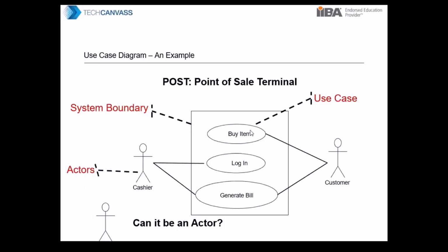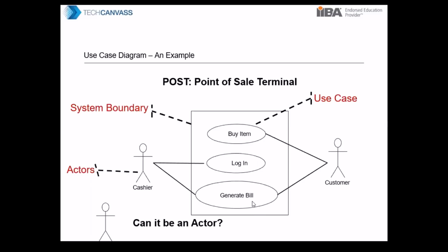This diagram represents the interaction between the actors of a system and the use cases. Use cases are basically the identified goals or objectives in the system. Now, who are the actors? The actors are supposed to be users of the system, whether end users or system users, who are going to interact with the system in order to achieve this objective. For example, generating a bill.